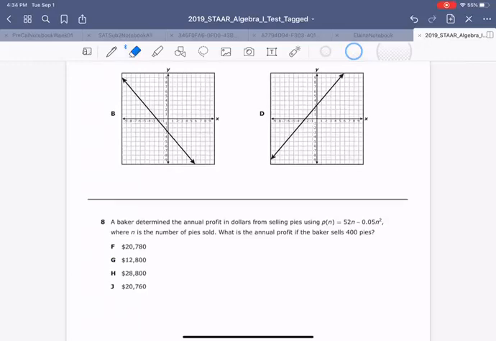Don't look at your previous notes. Just redo it. $12,800. Perfect.